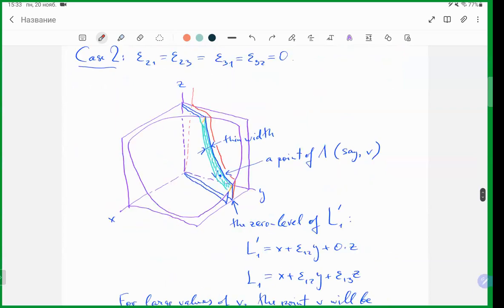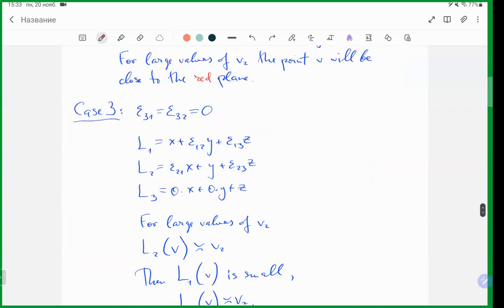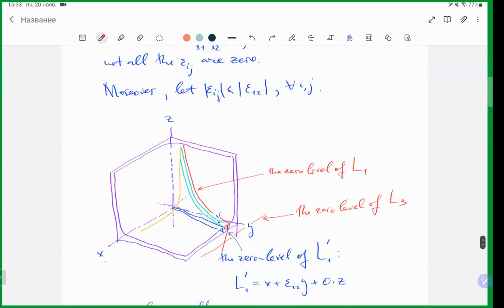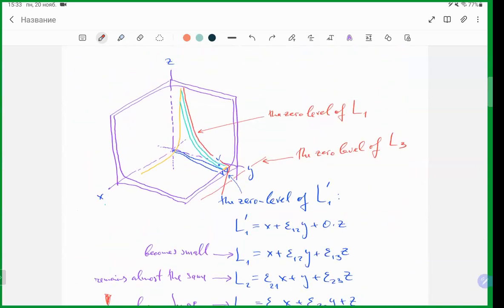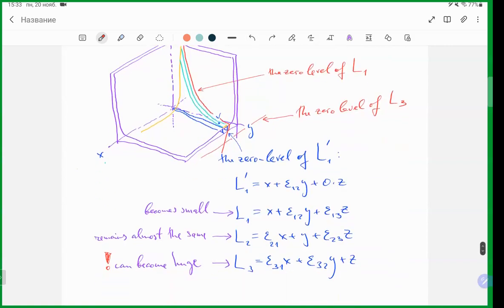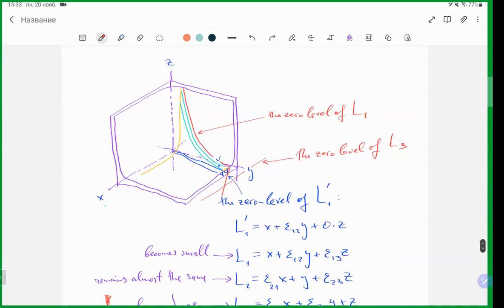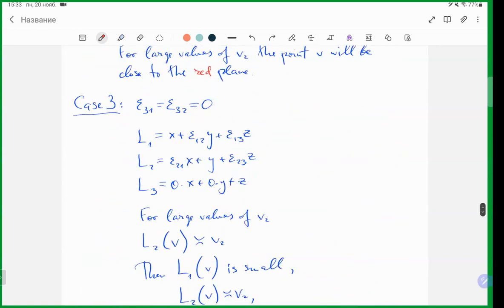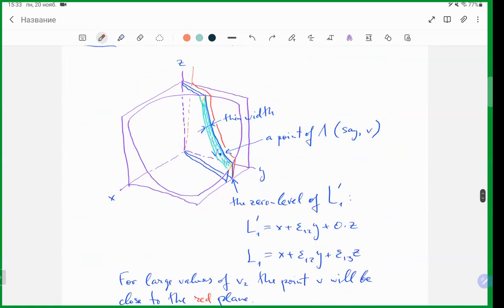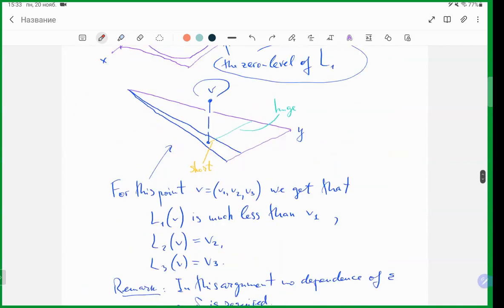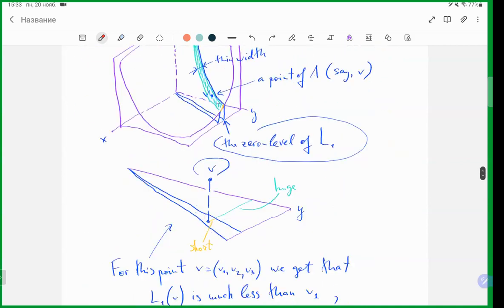And if it is high enough, then I will have the following picture. This picture looks very bad, because L3 can become huge and it will ruin our product. So I want to draw a picture of probably this kind, which would be okay.